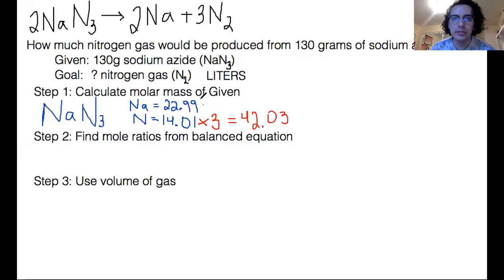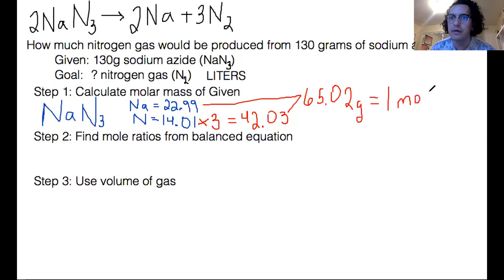We add these two together and we get 65.02 grams equals 1 mole of NaN3.